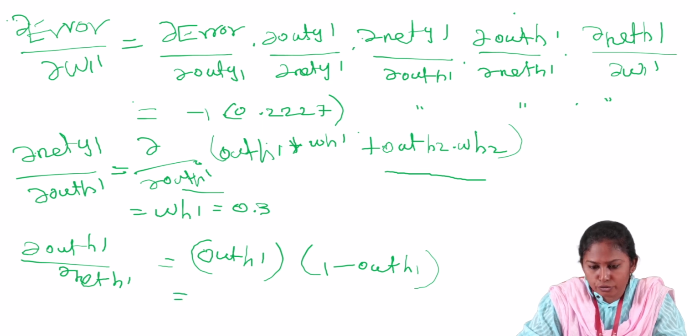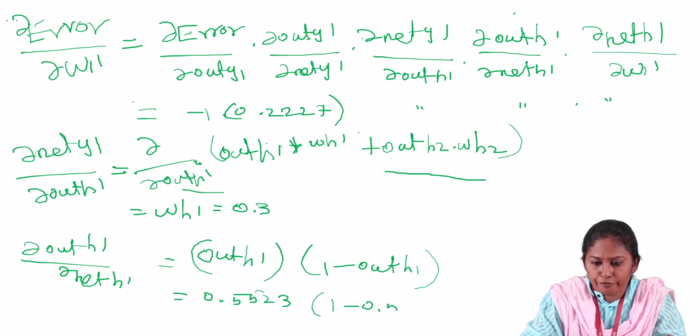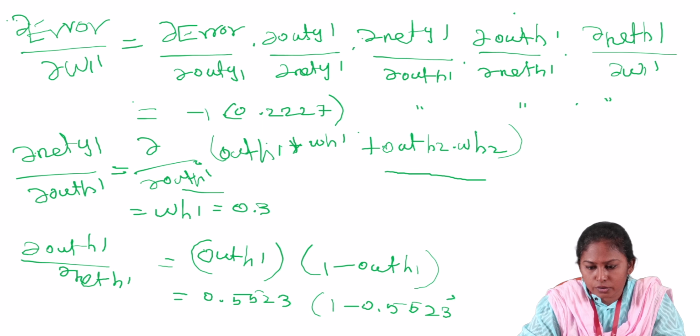So 0.5523 into 1 minus 0.5523, the value is equal to 0.2473. So this value also got calculated.